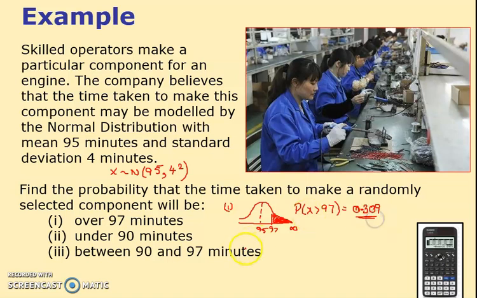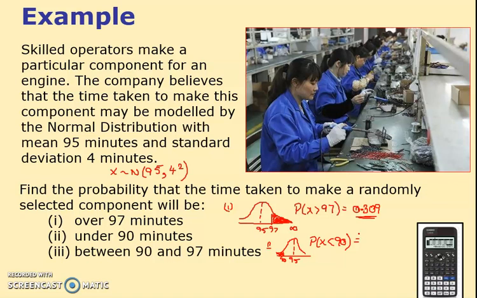Okay, done. The second part says under 90. So again, there's my picture. There's my 95. It's under 90, which is over here on the left of it. So you can see the probability that X is less than 90 equals, well, what am I going to do? I'm going to go menu 72 again.